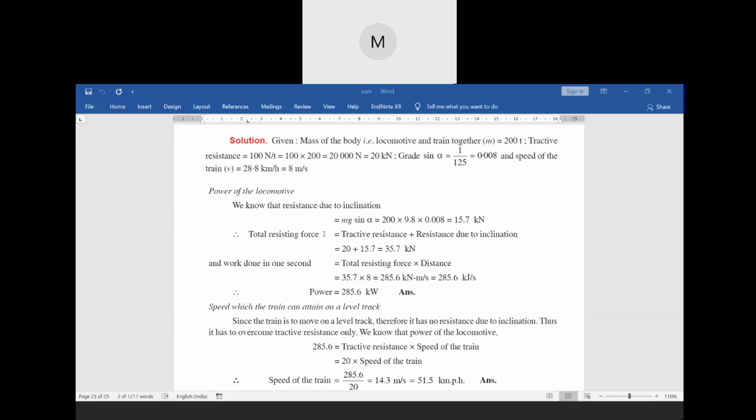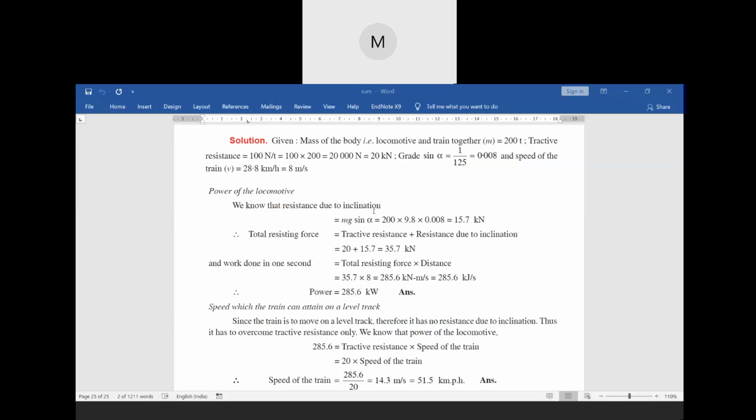Now after that, if you can see, the speed of the train in the question is given as 28.8 kilometer per hour. So if it is in kilometer per hour, you just convert it into meter per second. So how much is it in meter per second?